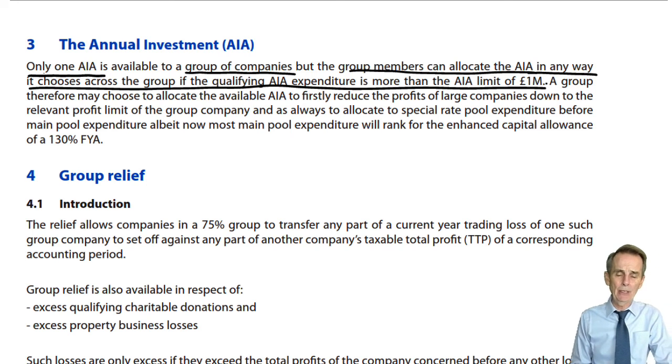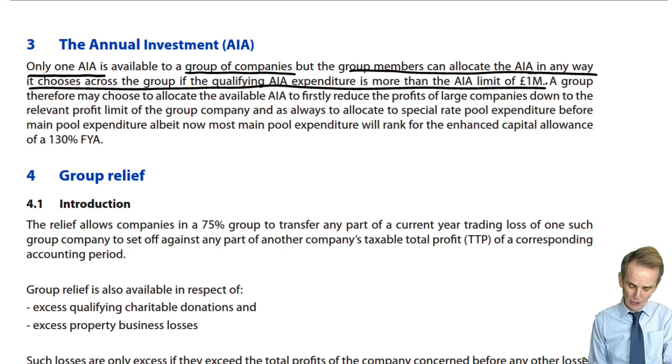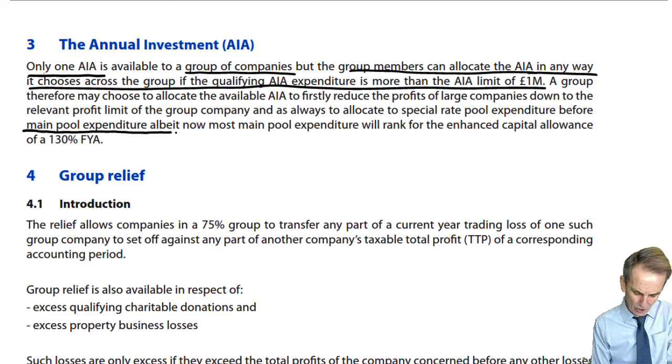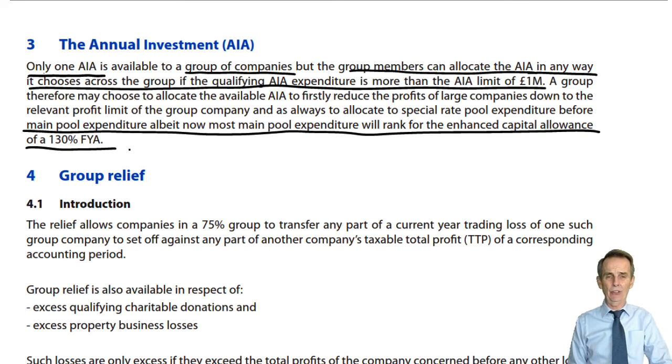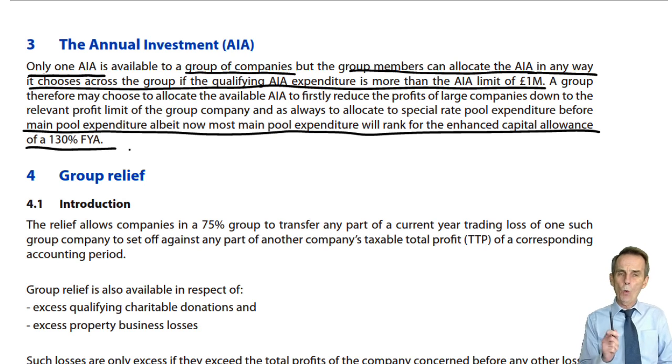Now, given what has happened in the Finance Act of 2021 and the introduction of that 130% first year allowance mentioned down here, most main pool expenditure now will rank for the enhanced capital allowance of 130% first year allowance. Once upon a time, all of your plant and machinery would rank for AIA. We didn't have the 130% super deduction before the Finance Act of 21.